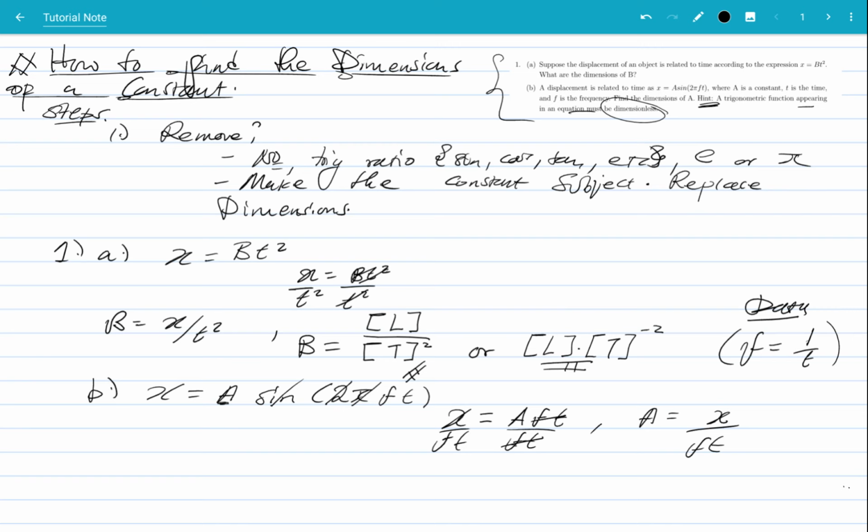Now this is division, so others could write it as A being equal to x divided by ft. So I can put ft in brackets and solve it separately. So let's say A is equal to x divided by, what is f? f is 1 over t times t. So you know that 1 over t times t, this can cancel with that, and I'll just end up having A is equal to x divided by 1.